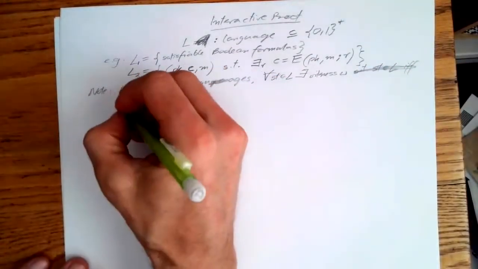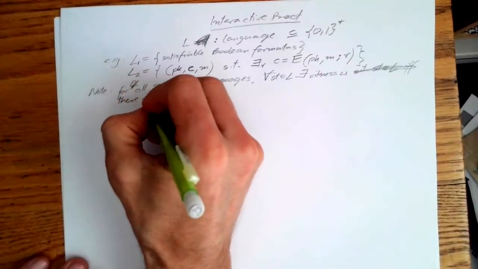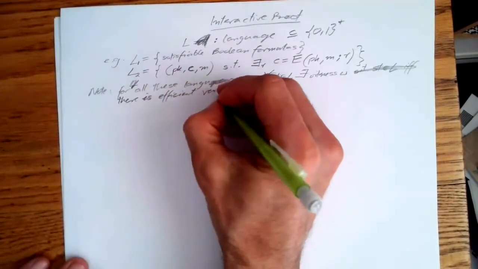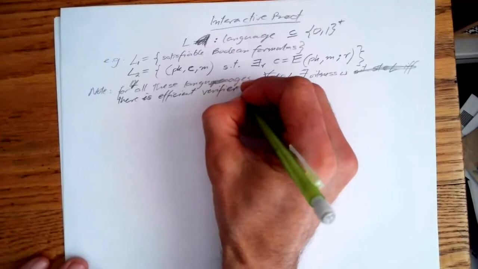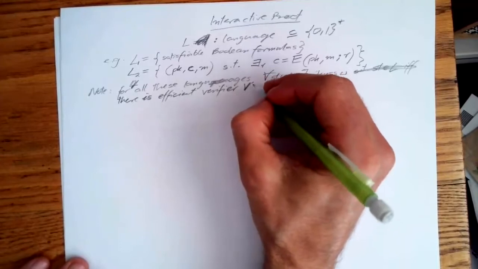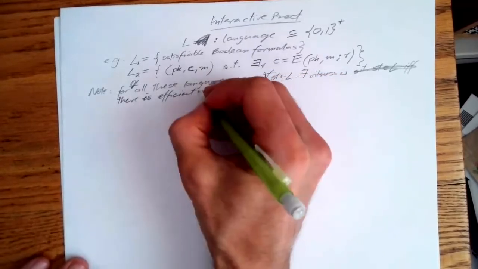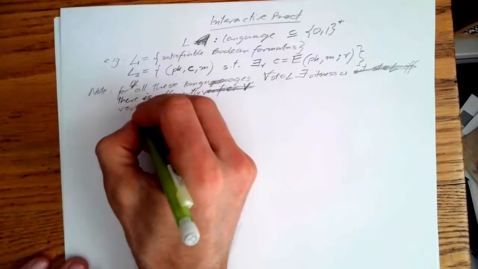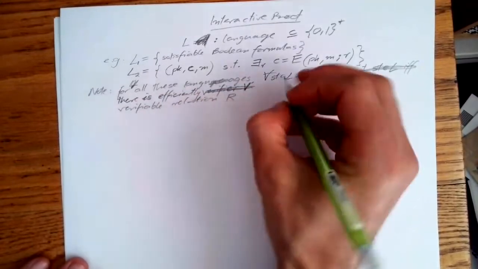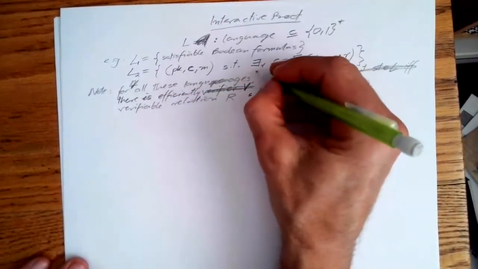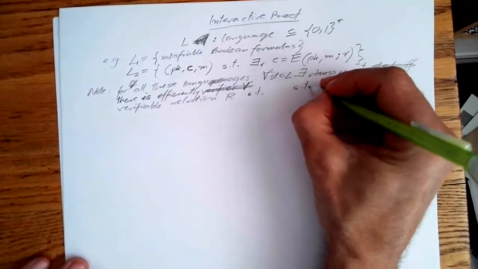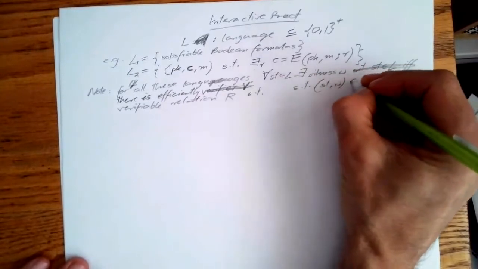For all these languages, there is an efficient verification procedure, a verifier V, an efficiently verifiable relation, such that for all statements in the language, there exists a witness such that the statement and the witness are in this relation.